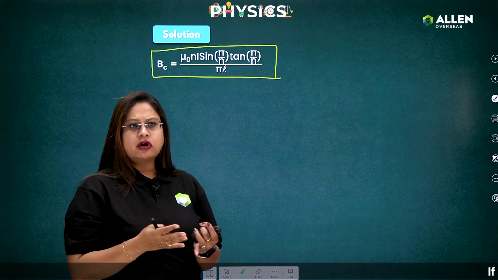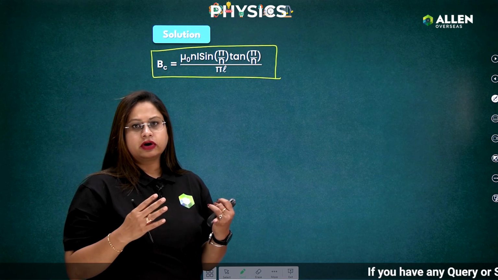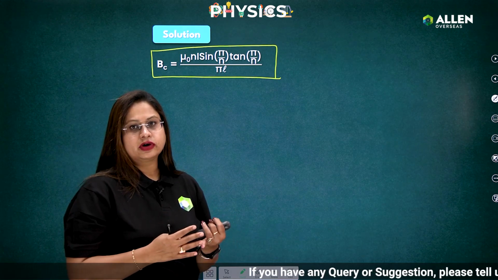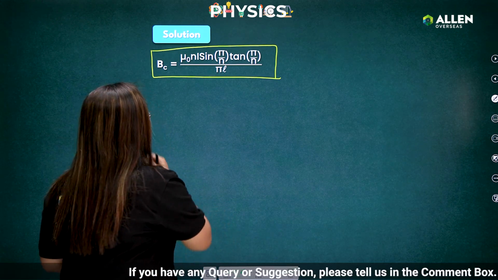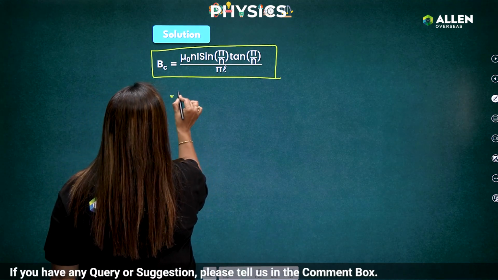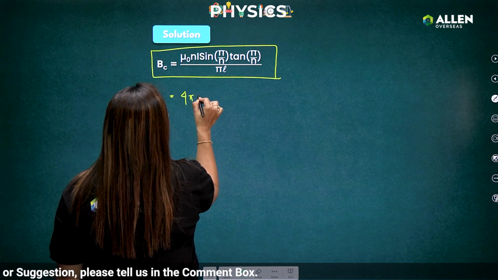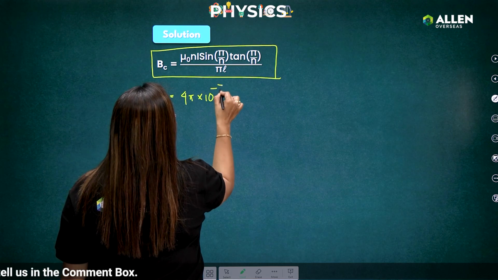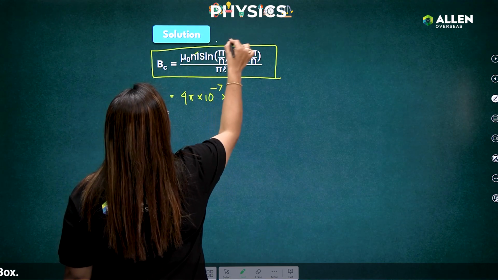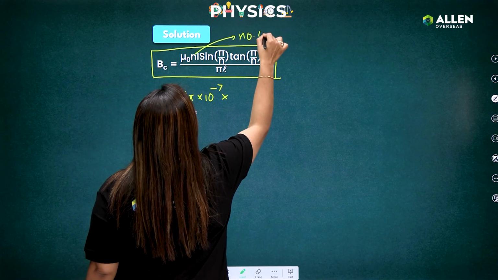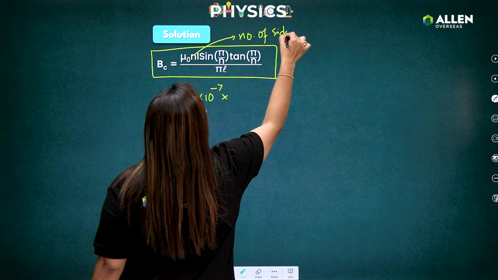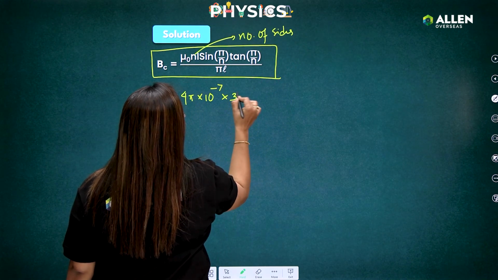You can use it for a square, you can use it for a hexagon, you can use it for a regular pentagon, right? So you can use this formula, where mu naught is equal to 4 pi into 10 to the power minus 7. N is the number of sides. So in this case, the number of sides is equal to 3.